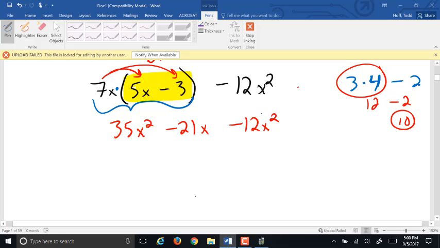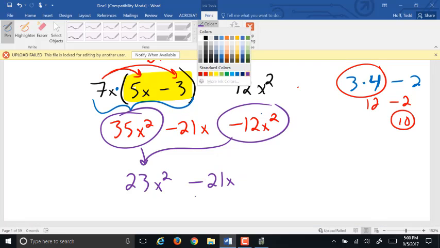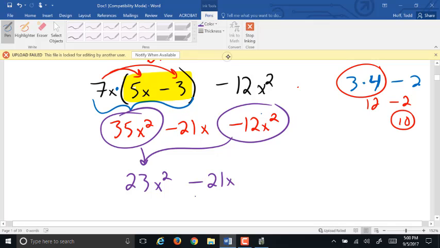Now we still have the negative 12x squared here. What more can we combine here? Perfect. 35x squared and negative 12x squared make 23x squared minus 21x. Now I get this question all the time as well. How come here we were able to combine x and x and get x squared?